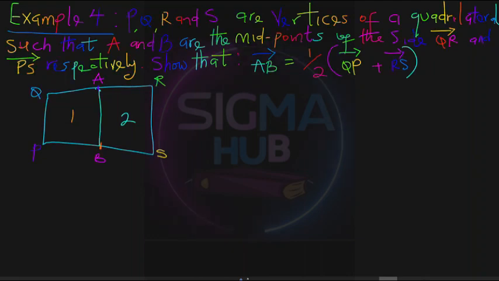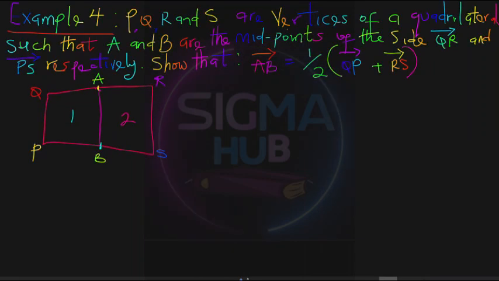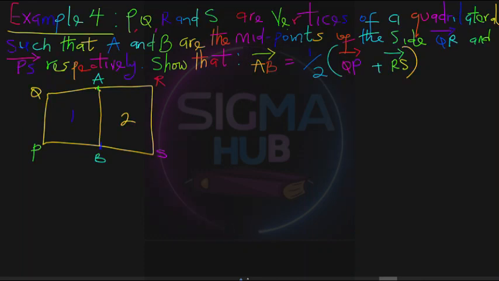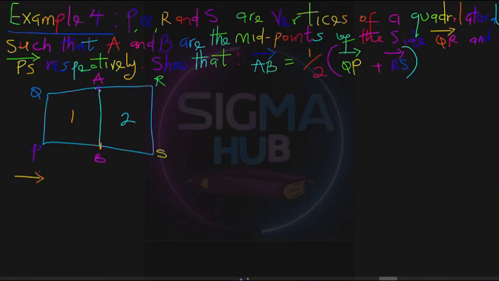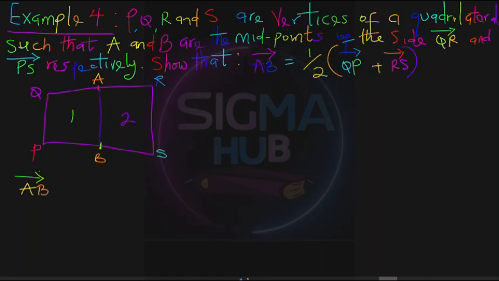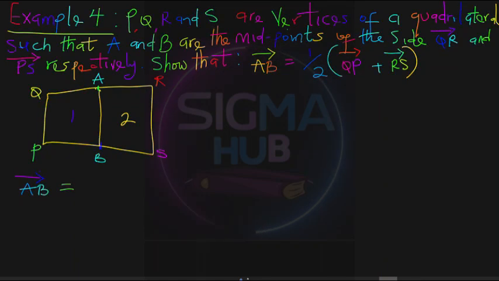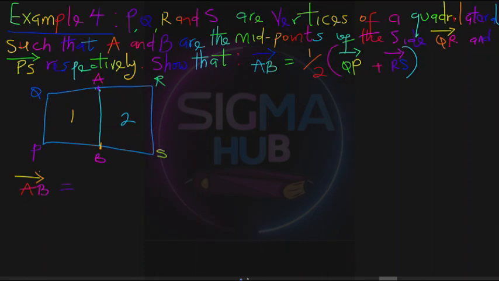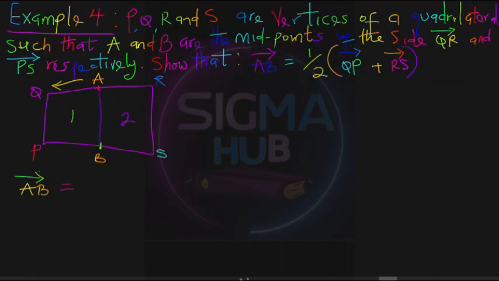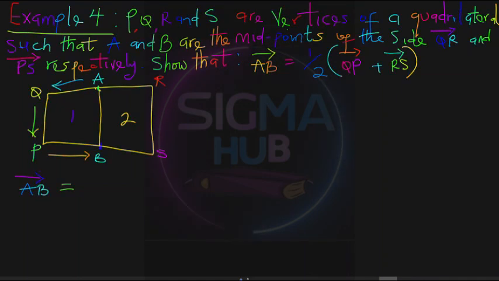So using quadrilateral 1, it's easy to see that AB is the same thing as moving from A to Q, then from Q to P, then from P to B.